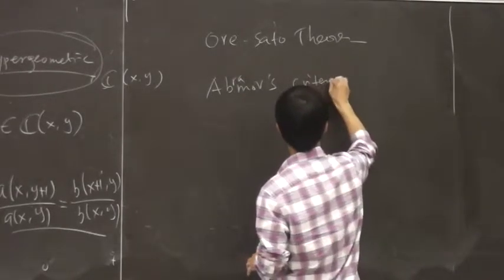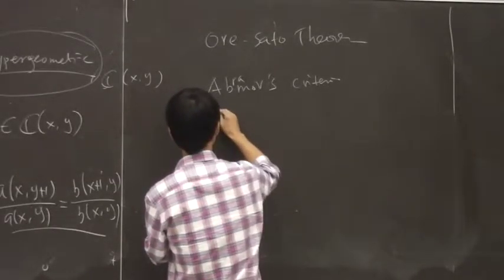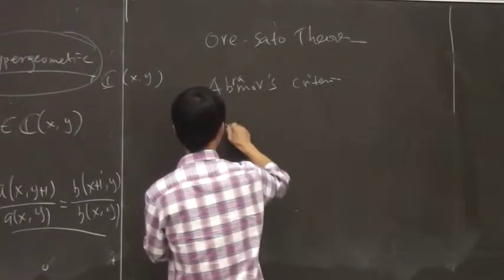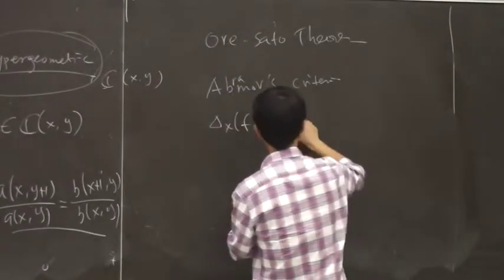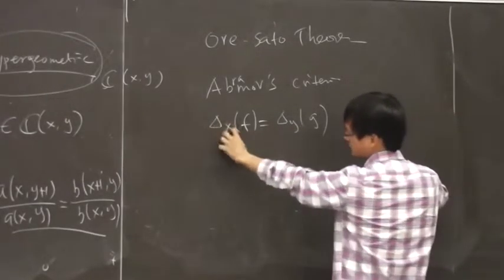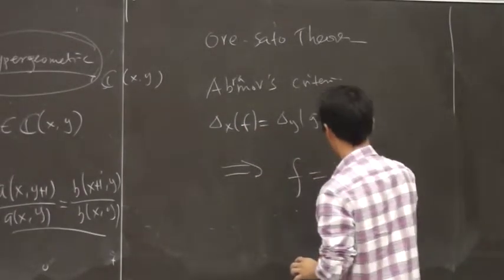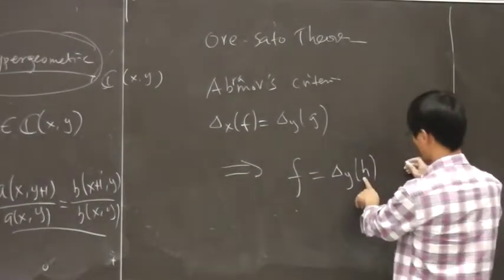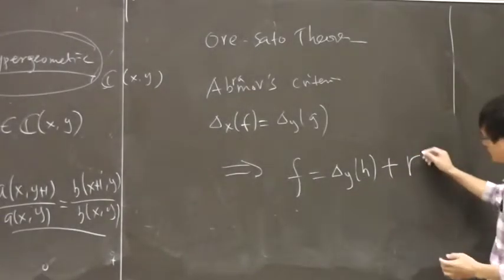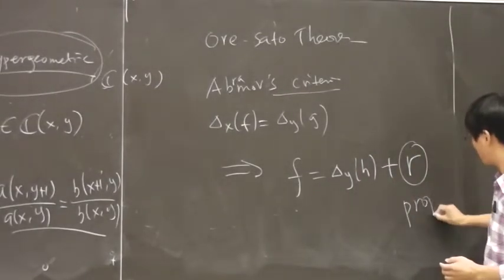criteria. By Abramov's criterion, in the shift case, if f is a hypergeometric term satisfying this kind of condition, then f must be a delta y of another term plus a remainder R, and R must be in proper form.